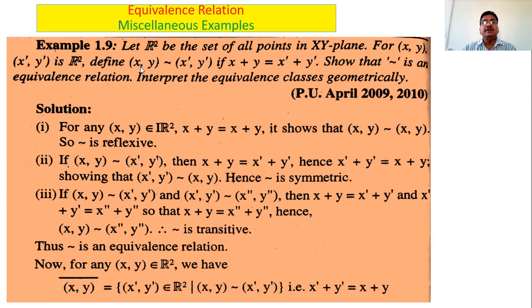And the definition given in the example of relation is: (x, y) is related to (x', y') if x plus y is equal to x' plus y'. So this is the definition of the relation.